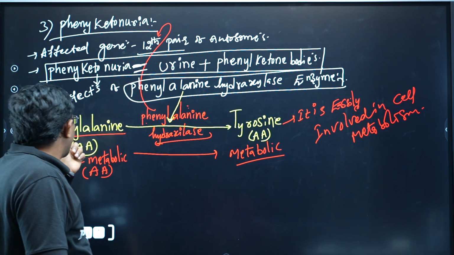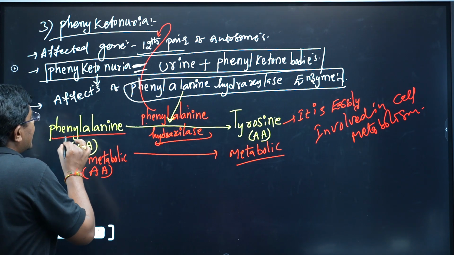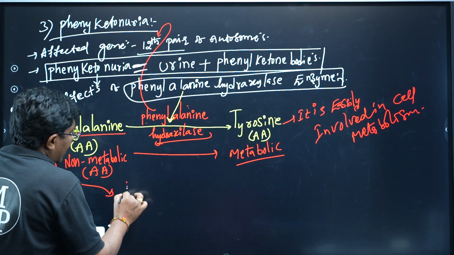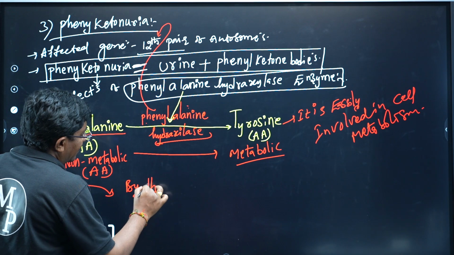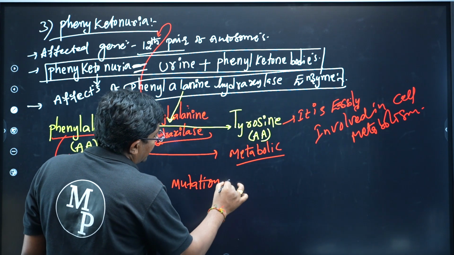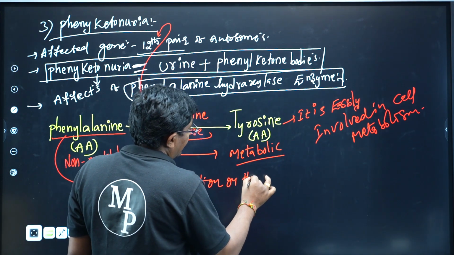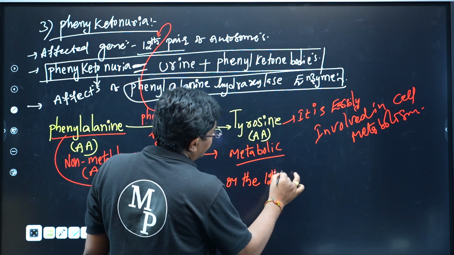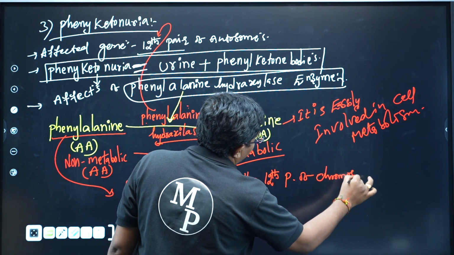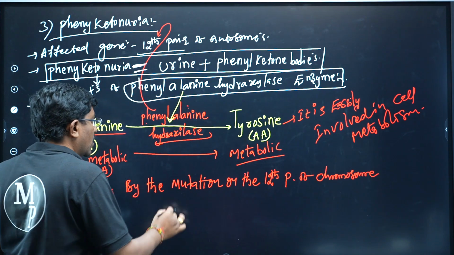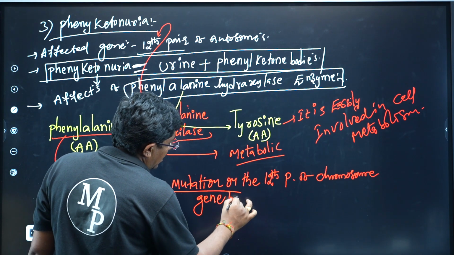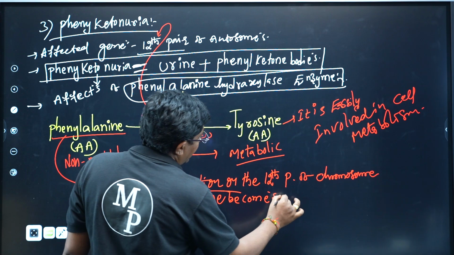Understood? Then what happened? The phenylalanine still accumulates within the body. By the mutation on the 12th pair of chromosomes, that gene becomes inactivated.